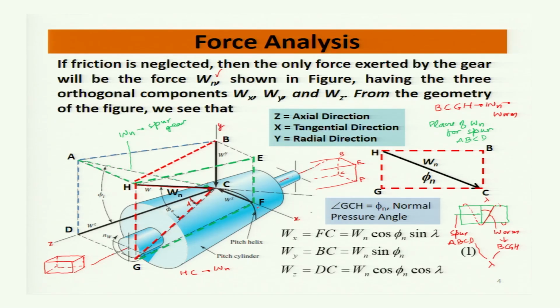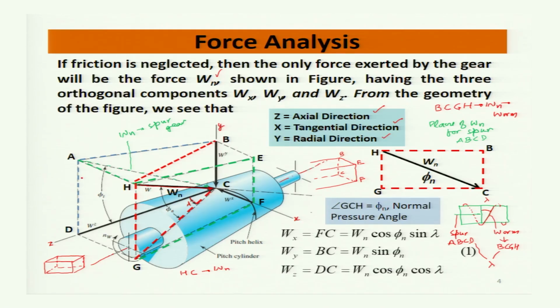Your CF, or the x-axis, is tangent to the pitch circle, and that will be called the tangential direction. And this z-axis, or DC, is taken in such a way that it is parallel to the axis of the worm, and so Z is the axial direction and Y is towards the center of rotation of the worm, and so this is the radial direction.